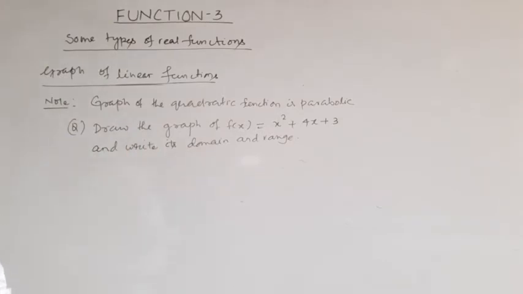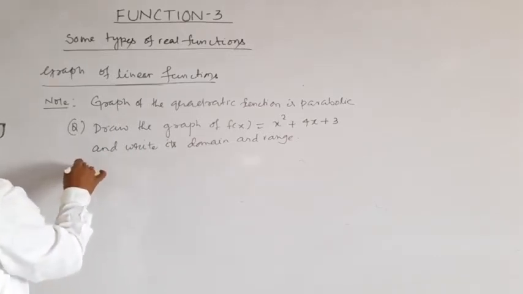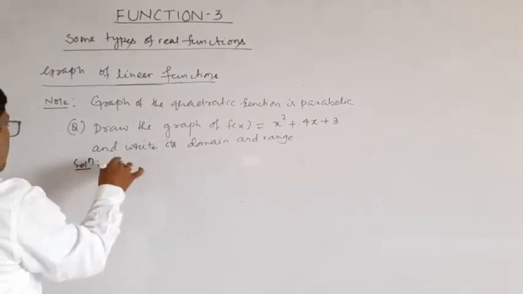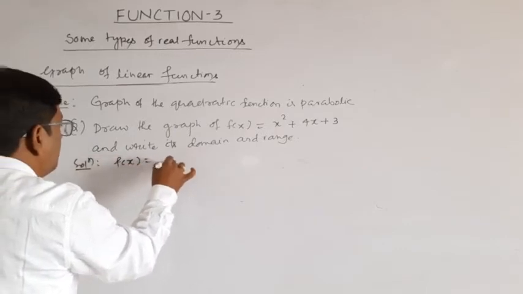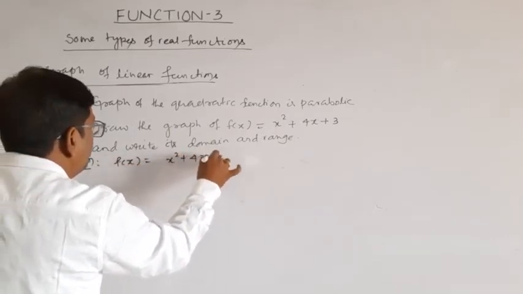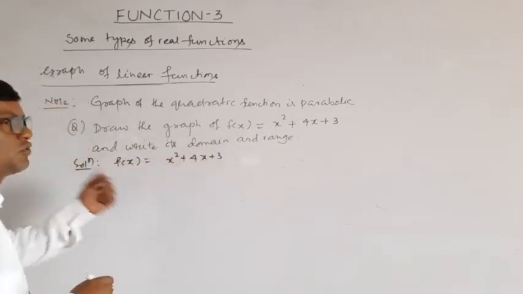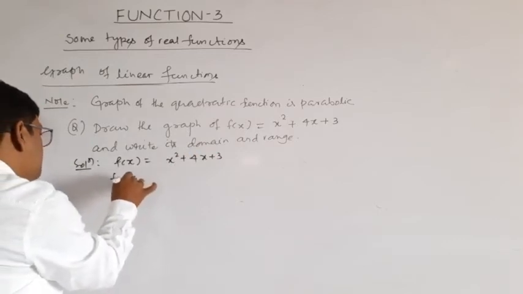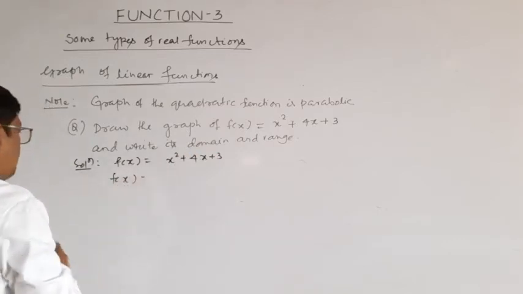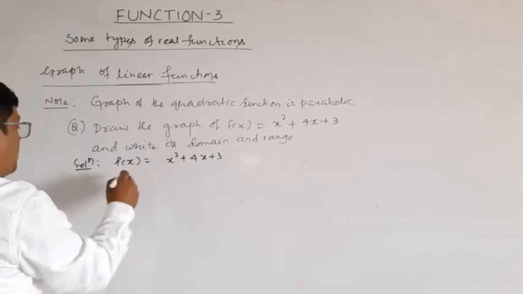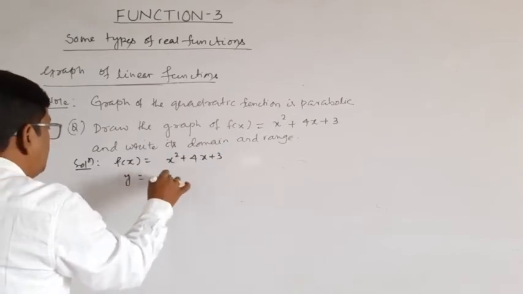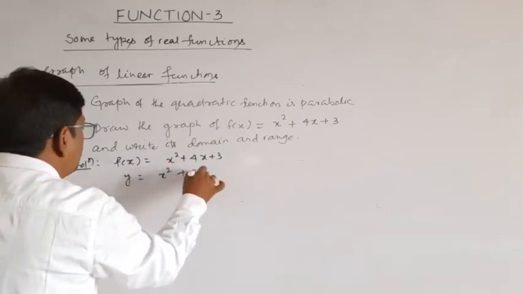Now solution is what? f of x is equal to x square plus 4x plus 3. Now make a perfect square. Here f of x means y. Y is equal to x square plus 4x plus 3.